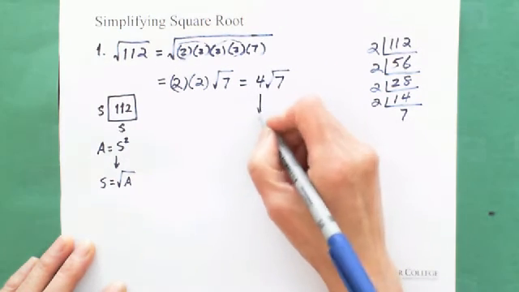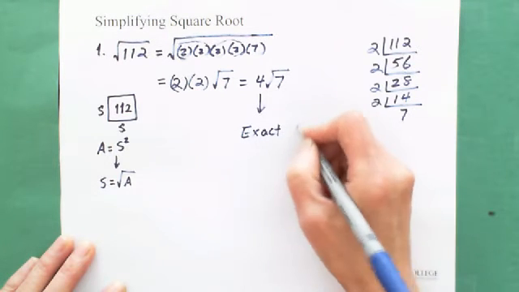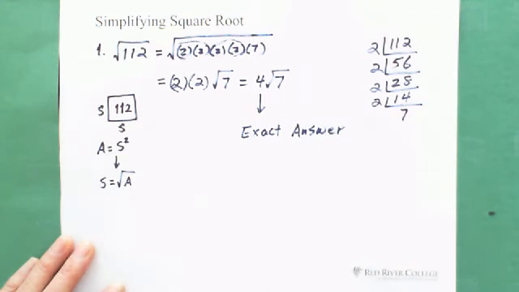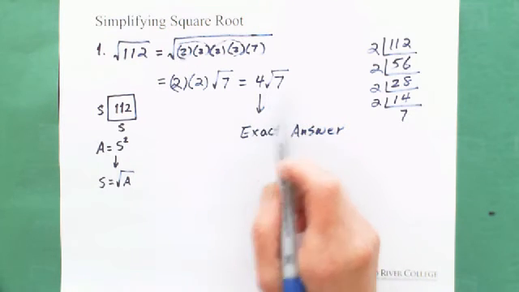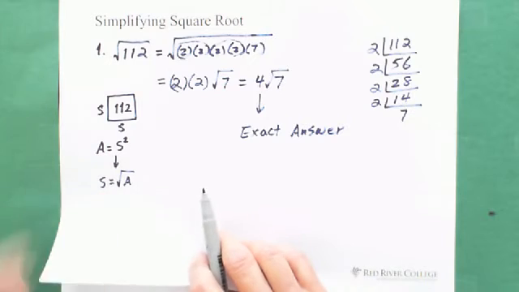This is the exact answer, because sometimes your teacher wants the exact answer. If you use a calculator to find 4 root 7, it will give you a decimal, which is the approximate answer. This is the first question.